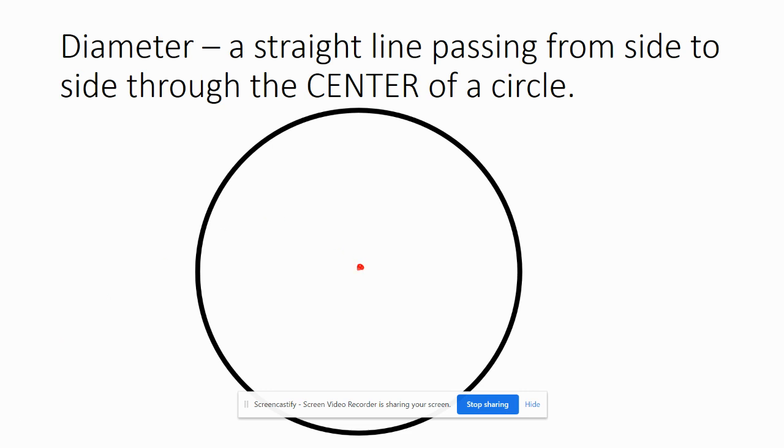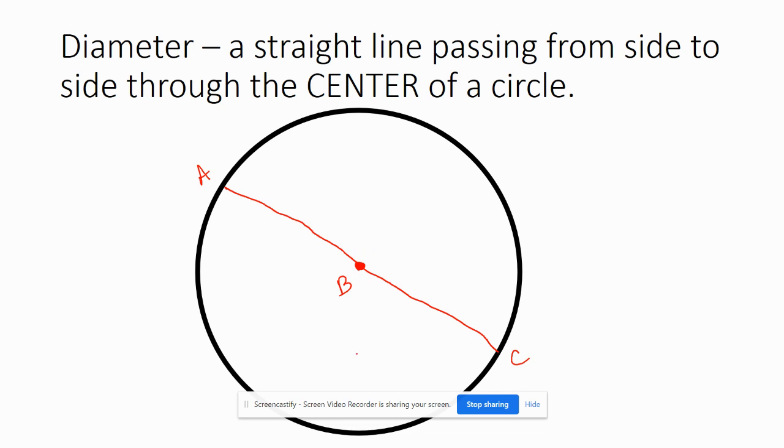So let's say this is our center here, and we're going to label it B. Okay, and we have a straight line going through that center. Try to draw it as straight as possible. Let's say this is points A and C. This would be a diameter because it goes through the center and it touches both sides of the circle. It has to go through the center.